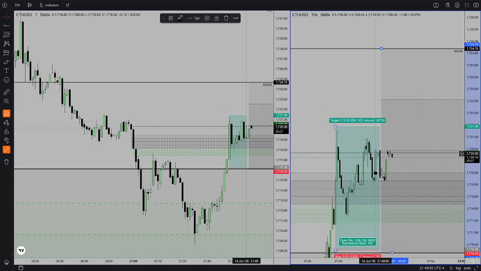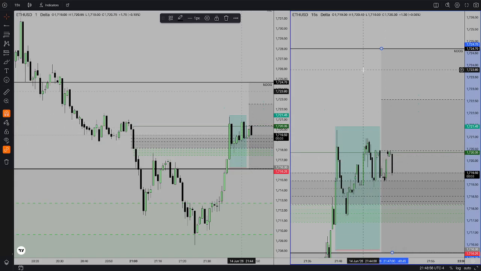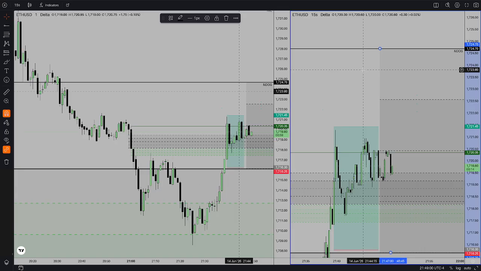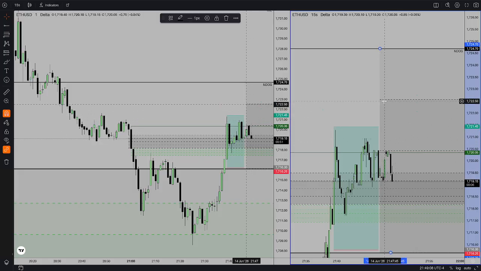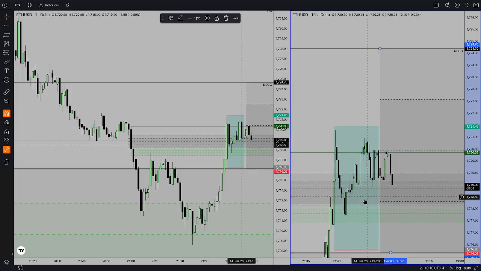It's making a lot of balanced price ranges here. I just want to see if they want to move this particular price action up to this area directly, or if they want to eat up all these liquidity areas and then try to move up.